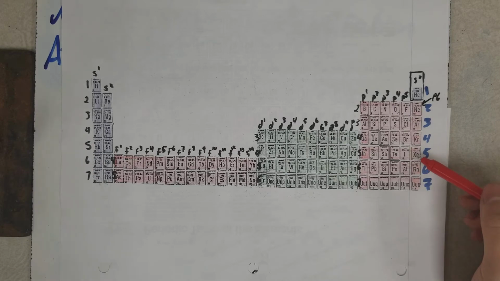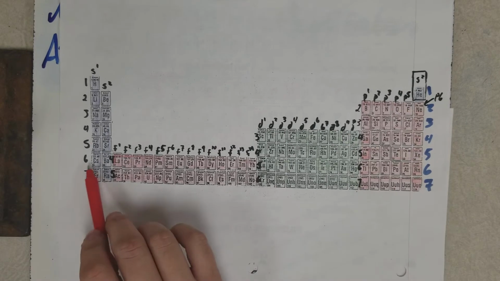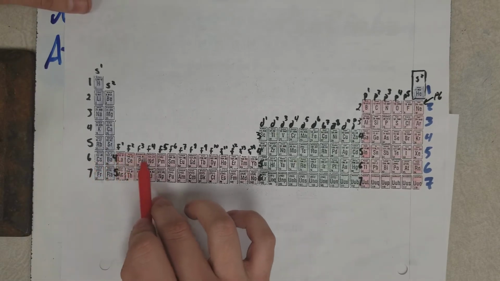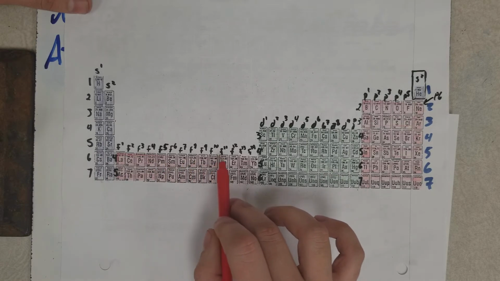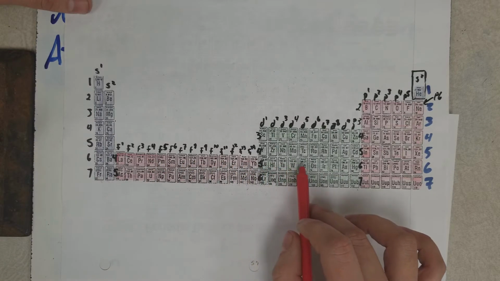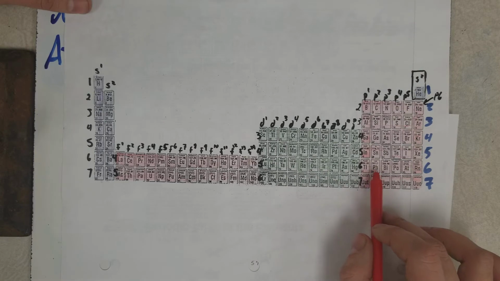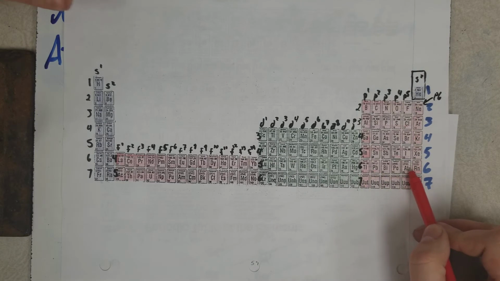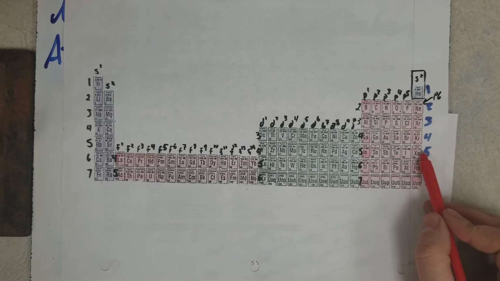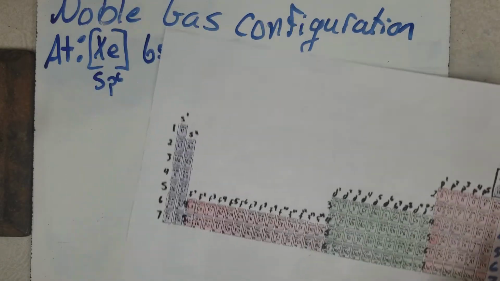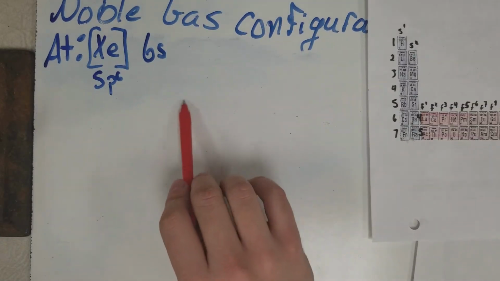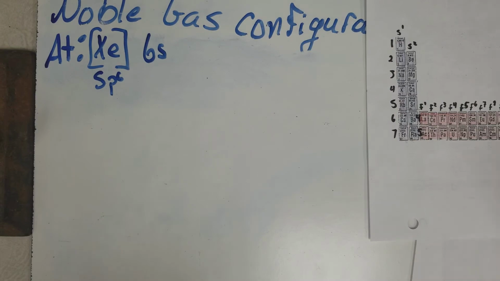So if we physically count them, if we start with Xe, we'll go here. There's 1, 2, 3, 4, 5, 6, 7, 8, 9, 10, 12, 13, 14, 15, 16, 17, 18, 19, 20, 21, 22, 23, 24, 25, 26, 27, 28, 29, 30. 31 elements in between xenon and At. So we need to place 31 electrons out here.